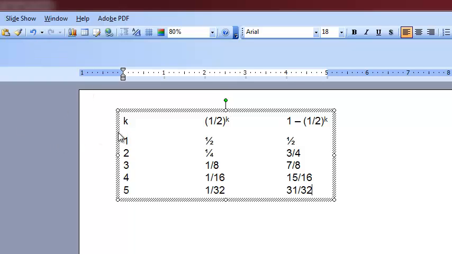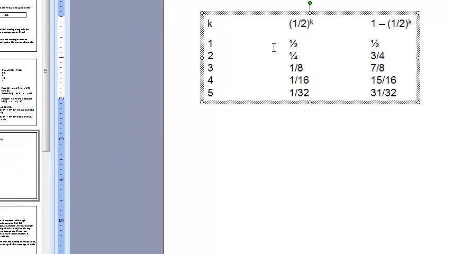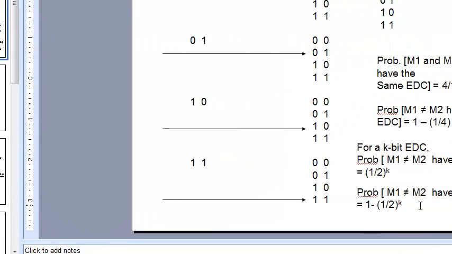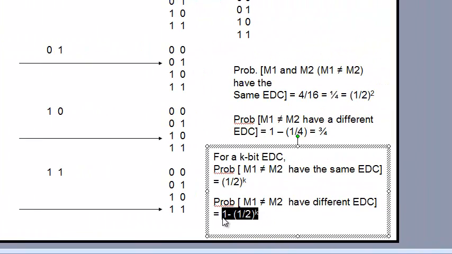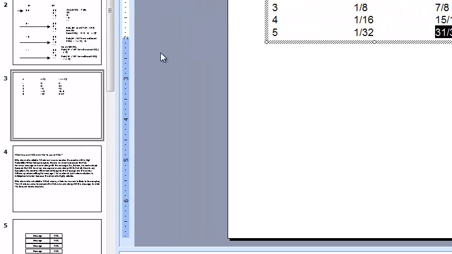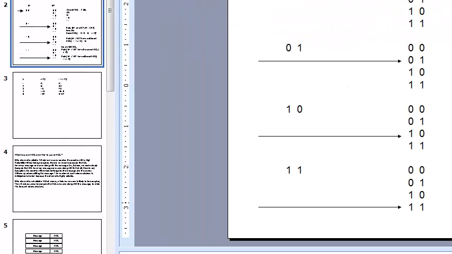So which is larger? As you increase the size of the error detection code, if the two messages are different, m1 not equal to m2, the probability that they have a different error detection code is given by this expression. If I use an error detection code that is 5 bits long, this is what we prefer. If m1 is not equal to m2, we want them to have different error detection codes.